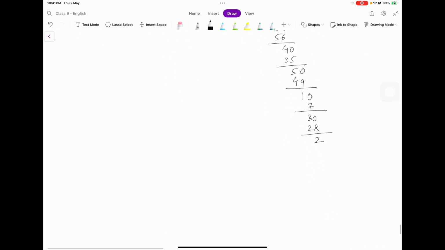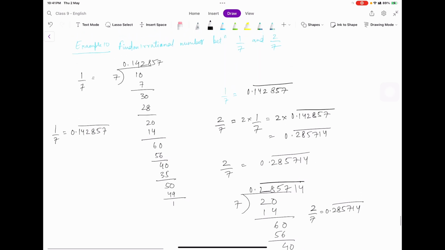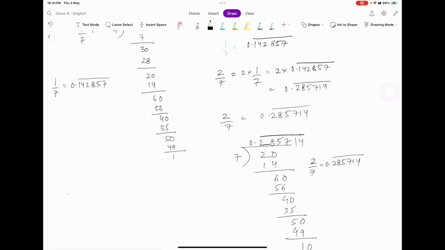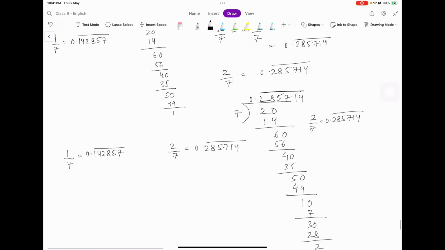The question was to find an irrational number. The decimal numbers you have got are these two numbers. You have to find an irrational number between these two. A simple irrational number is one where you do not need to repeat a pattern in the decimal.